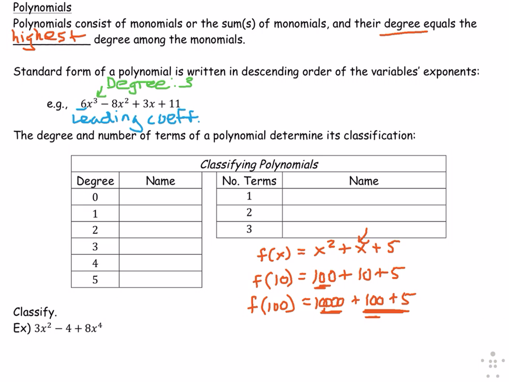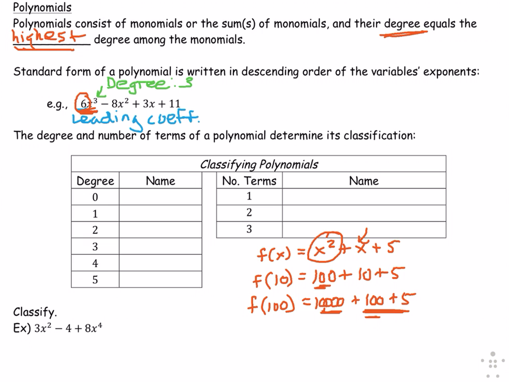So that's why we only look at the monomial with the highest power to determine the degree of a polynomial. That's the highest degree among the individual monomial terms. That's the reason. And we'll learn later, that's the reason why the leading coefficient, which is always the one attached to the monomial with the highest degree, will determine whether the polynomial opens up or down, so to speak, in certain scenarios.